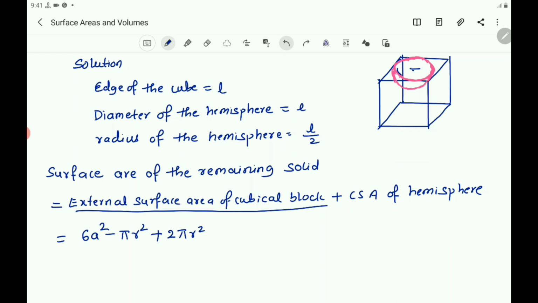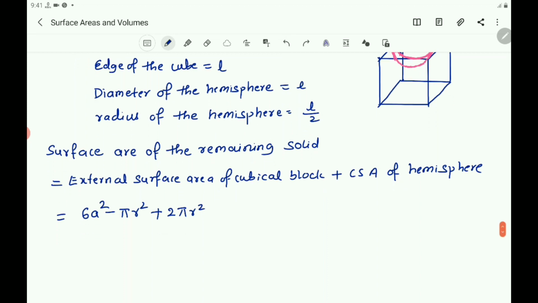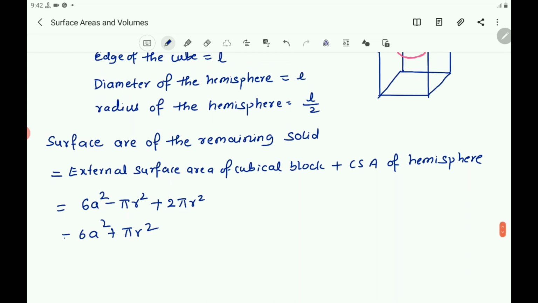Then again you can have 6a square minus pi r square plus 2 pi r square, which is plus pi r square.